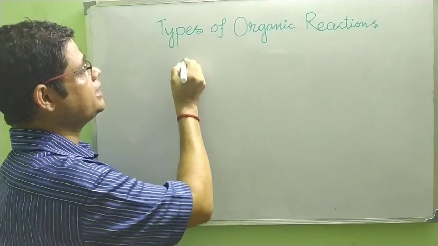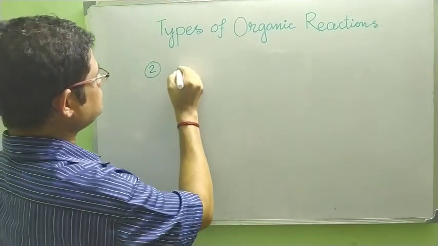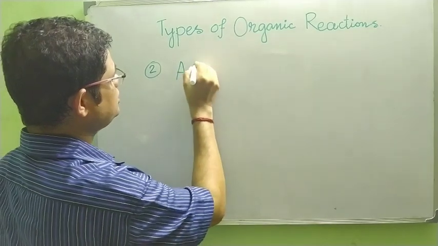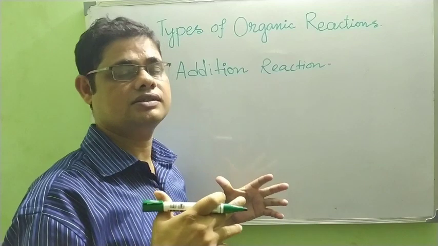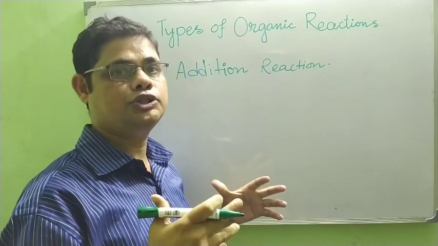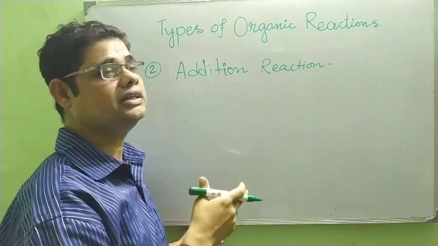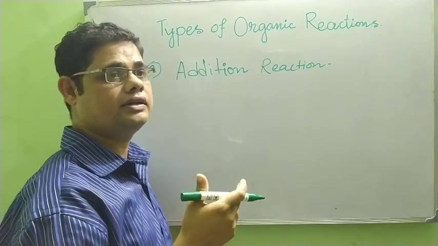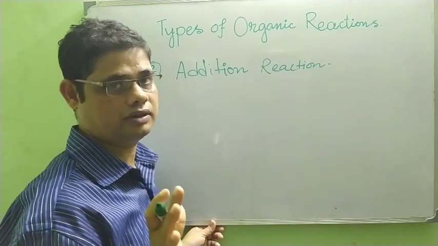Now the second type of organic reaction is addition reaction. In addition reaction, two molecules are combined to form a single molecule. In this type of reaction, the substrate must contain at least one pi bond.